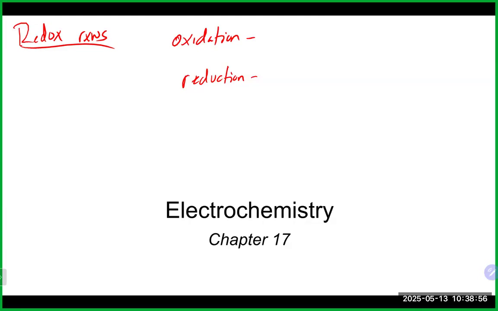Redox reactions basically are a result of an electron being transferred. Electron transfer is one of the three reasons why a reaction takes place.